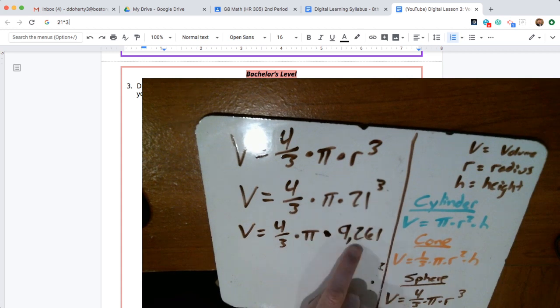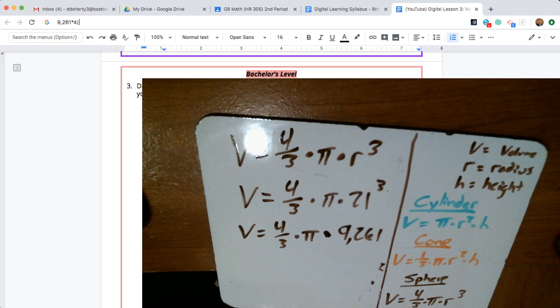So at that point, I'm going to go ahead and do 9,261 multiplied by 4, and then divide by 3. That's going to give me 12,348.